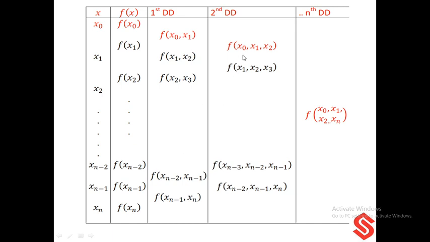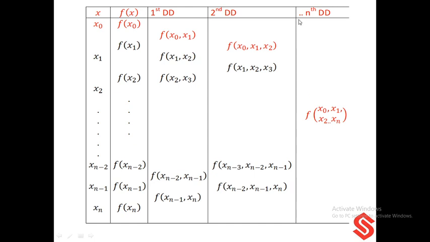Next, the second order divided differences: f(x0, x1, x2), next f(x1, x2, x3), etc., f(xn-3, xn-2, xn-1), and the last one, f(xn-2, xn-1, xn). So these are the second order.